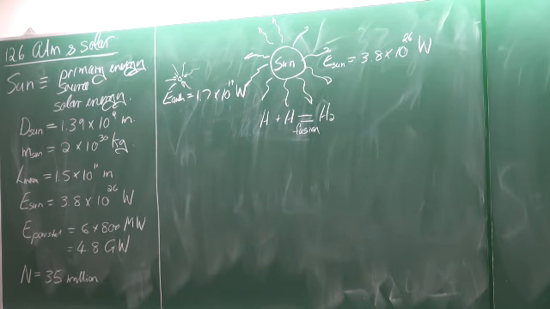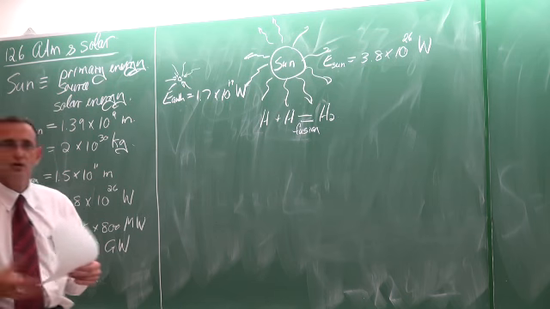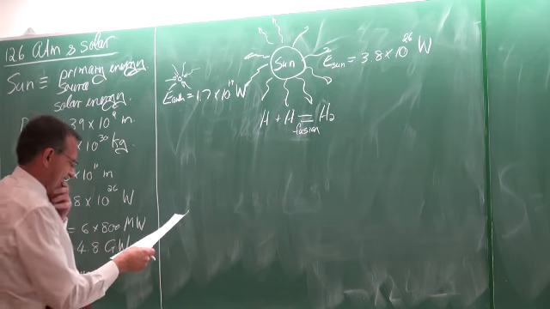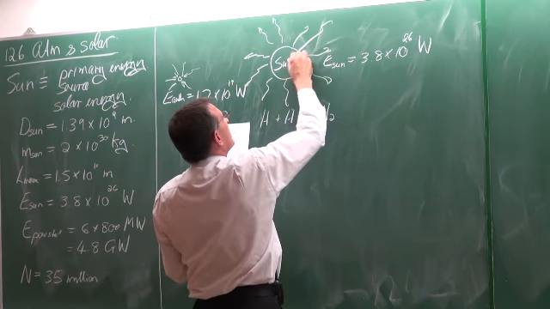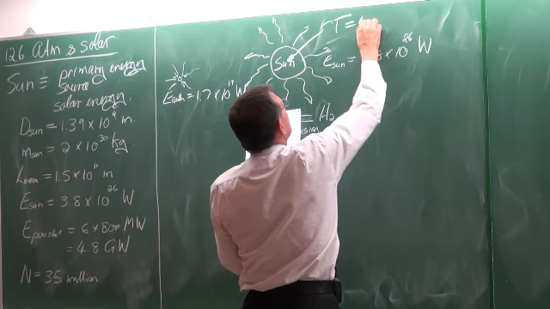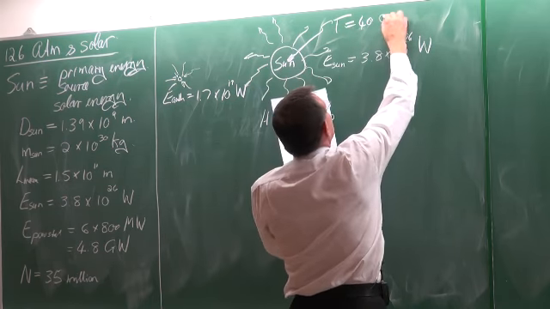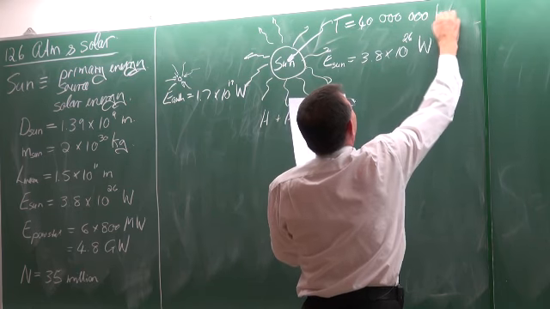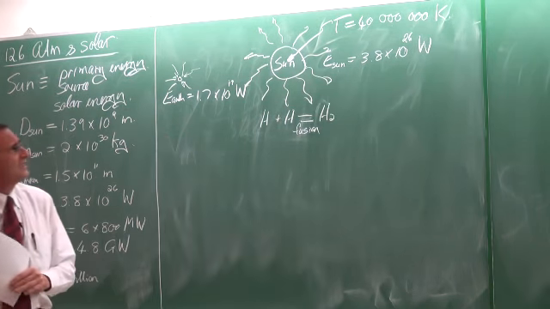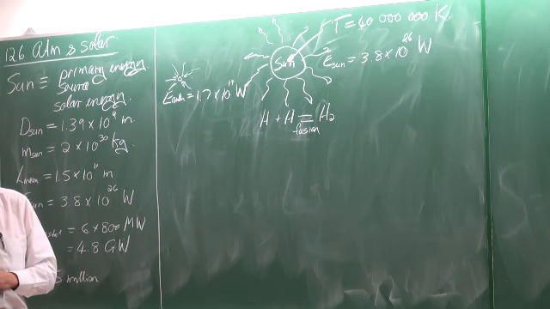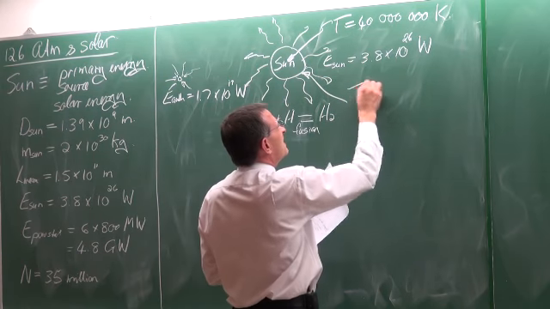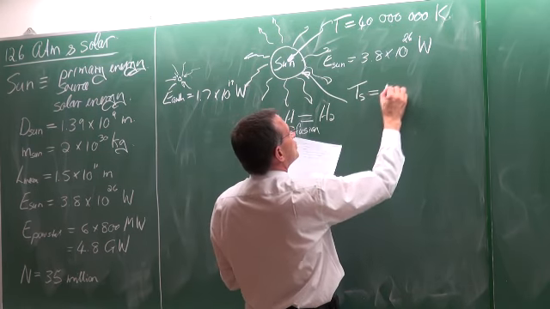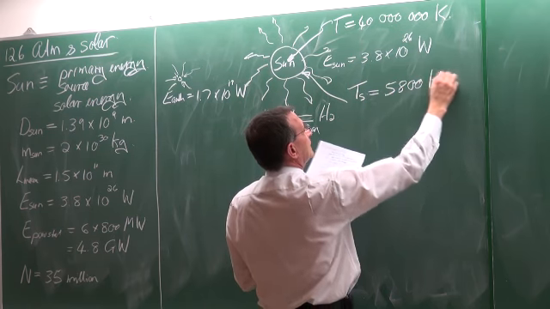So the sun is actually a nuclear reactor. In the core of the sun, in the center, the temperature is approximately 40 million Kelvin, while on the surface, as we've already discussed, the temperature of the sun is approximately 5,800 Kelvin.